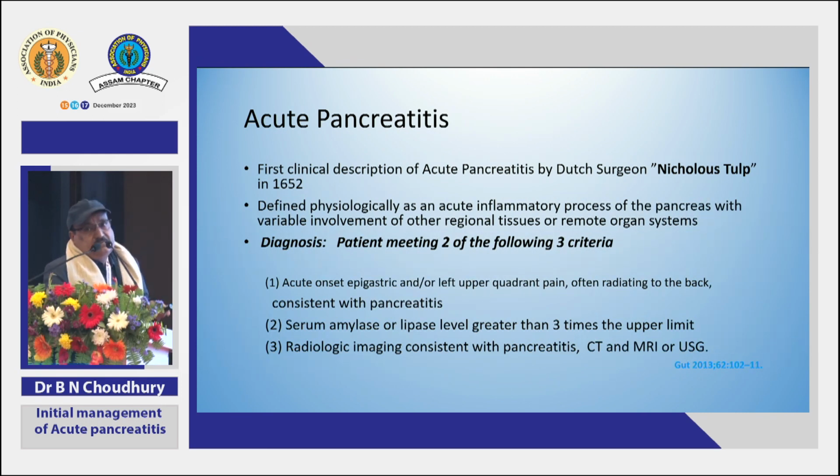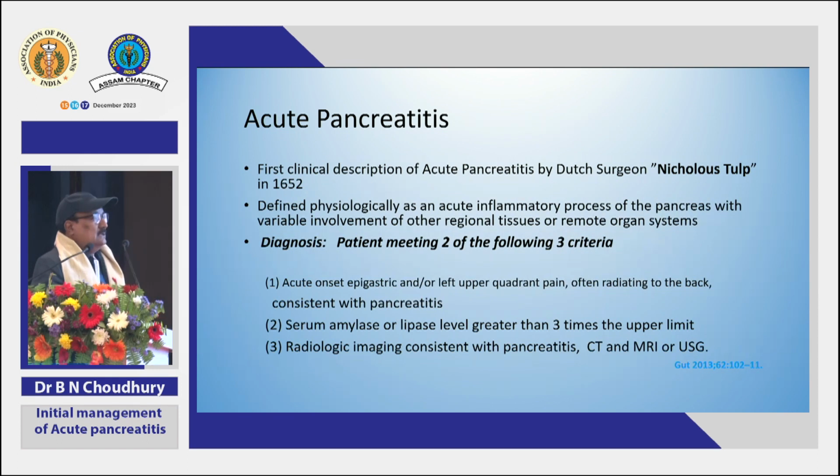So in 1992, all the GI physicians and GI surgeons dedicated to treating pancreatitis sat together in Atlanta and gave a uniform definition, that means how we will diagnose acute pancreatitis clinically. These are the clinical diagnostic criteria. Number one, acute onset of epigastric pain or in the left upper quadrant, in around 65% of patients radiating to the back.